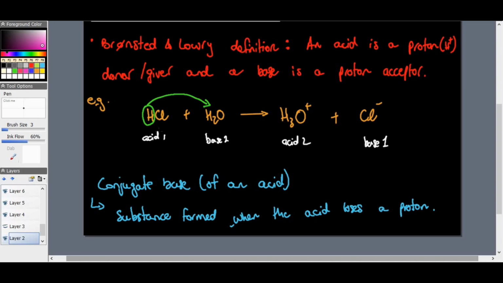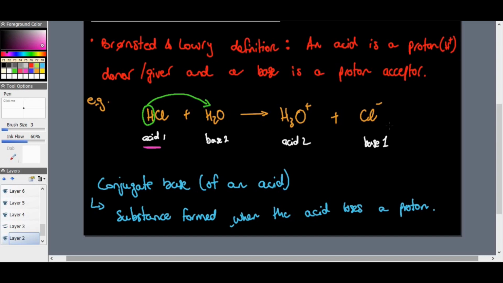So first we need to identify the acid. Well, the acid here, in this case, is HCl, and it only had one proton to give. So it lost the hydrogen to the base, which was the water. And now the base became H3O plus, and then we were left with just a chlorine ion.